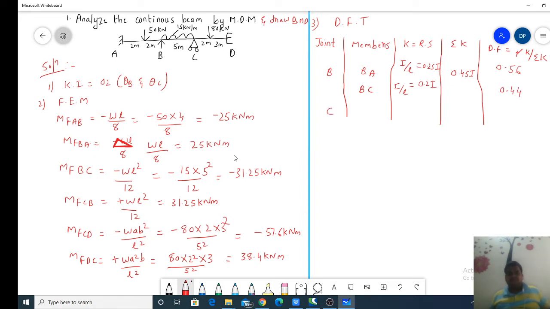Now the second one is C, with members CB and CD.